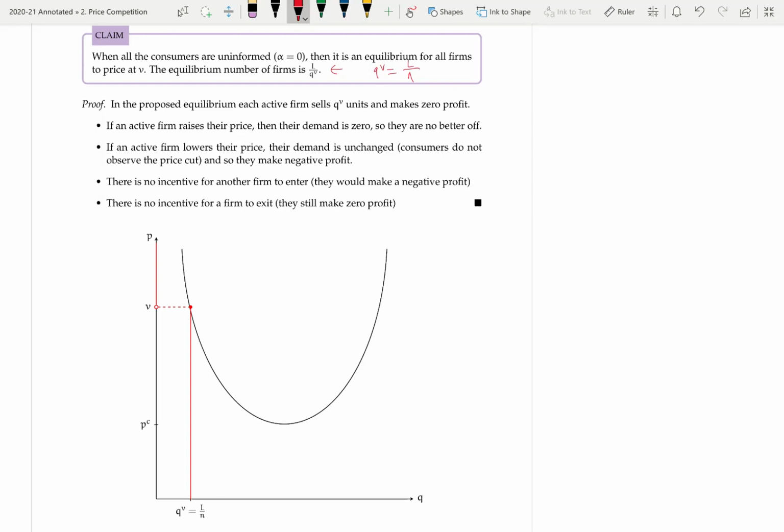So we need to check that this is an equilibrium. In the proposed equilibrium, each active firm is selling Q(V) units and making zero profit. If an active firm raises their price, what happens?